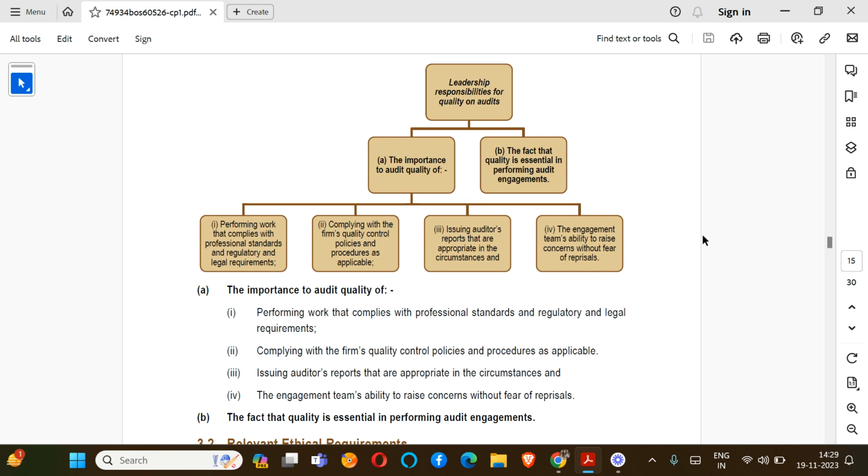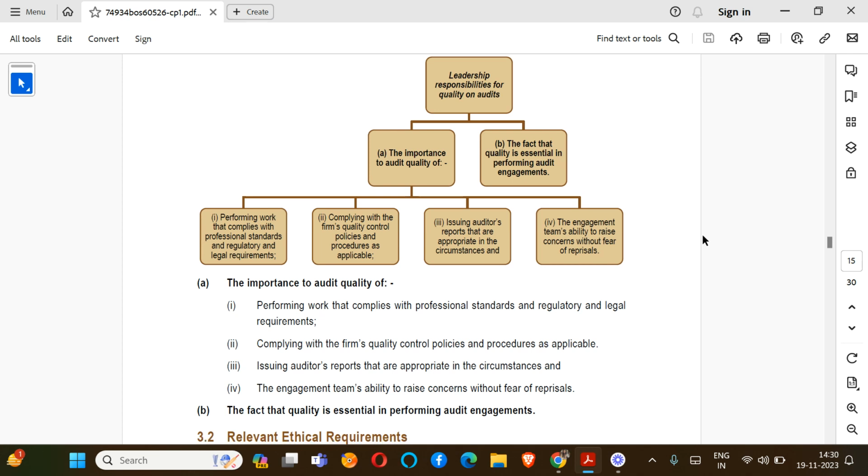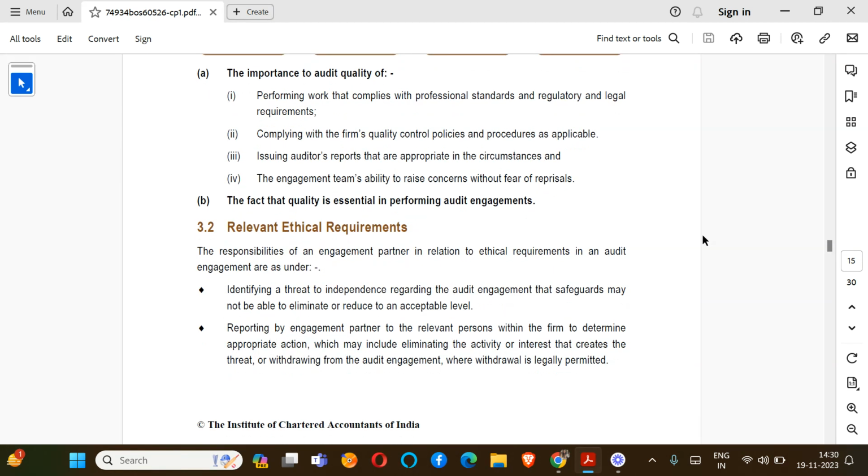And the fact that quality is essential in performing audit engagements. Of course, quality is important, not just in audit engagement, everywhere. Whatever work you're performing, you need to make sure it is highest in quality.